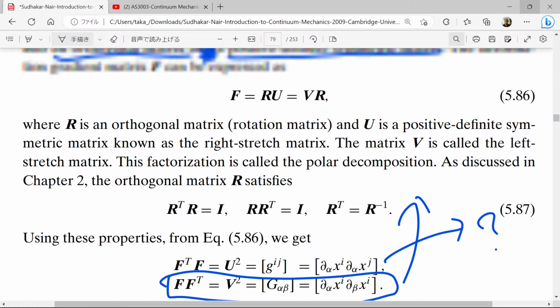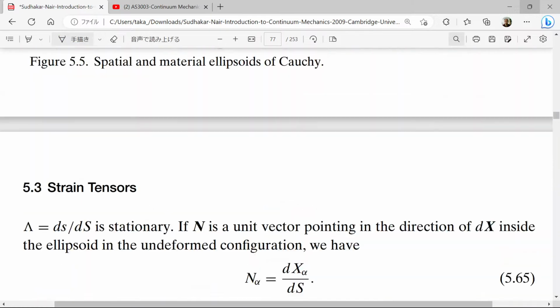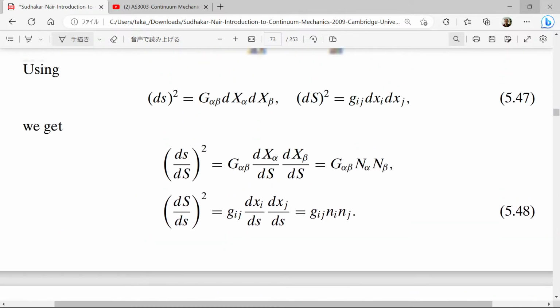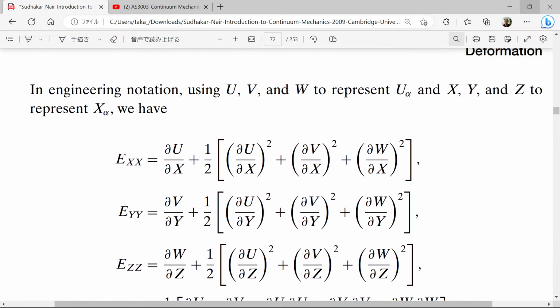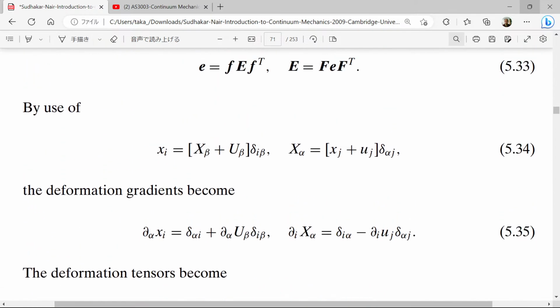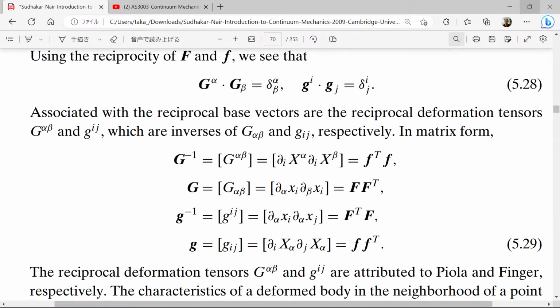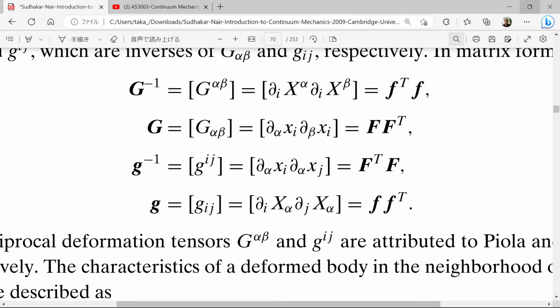And I think there was a nice summary page. Let me see. Where is it? Somewhere here, right? See this one. Yeah, this one.